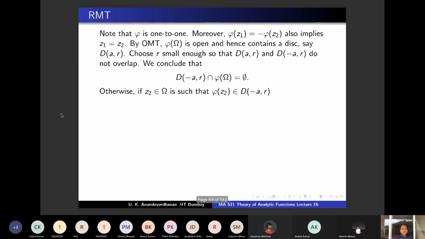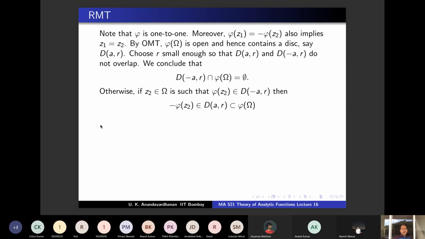Because otherwise, if you choose a z2 here, which is also z2 in omega, so that phi of z2 is also in D(minus a, r), then minus phi z2 will be in D(a, r), right? But D(a, r) is a disk inside phi omega.